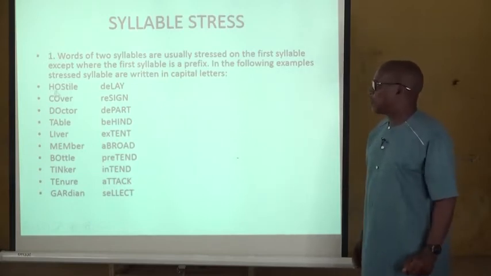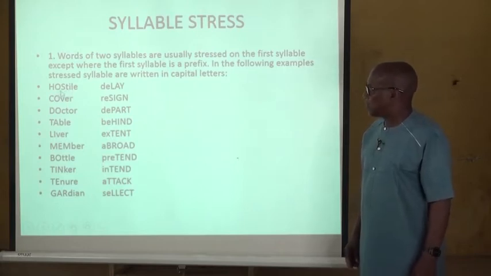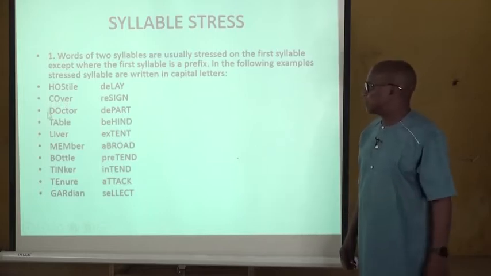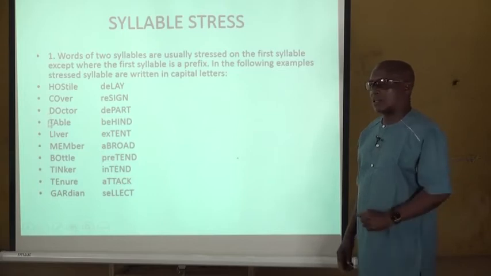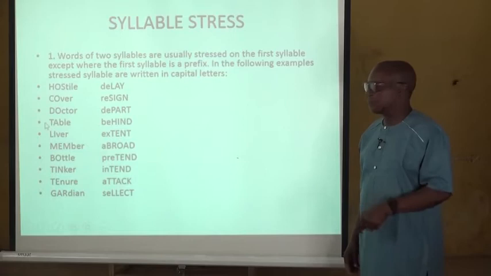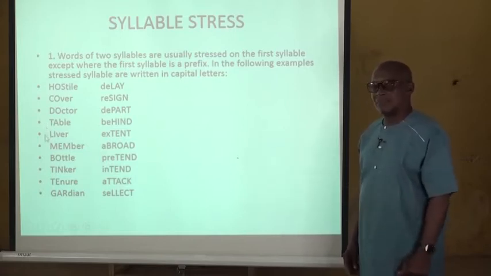Okay, 1, we have hostel. Then we have cover. We have doctor. Table. Liver.